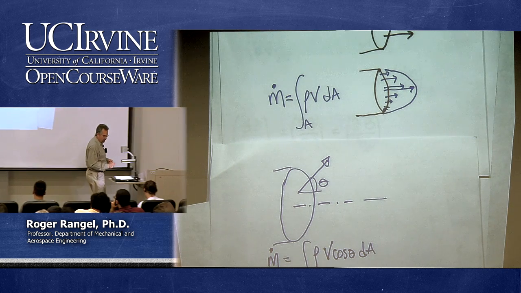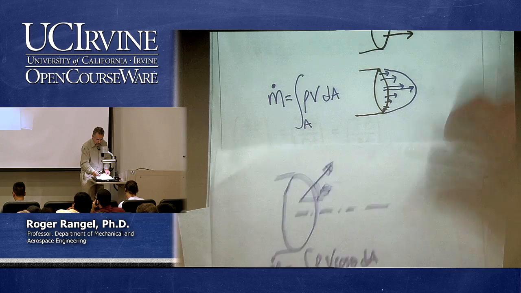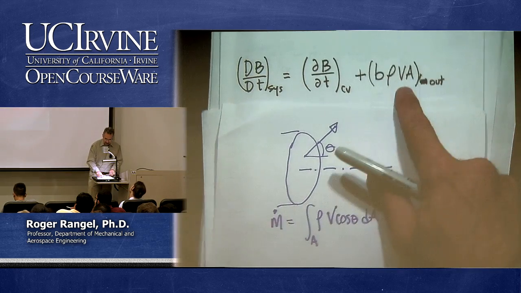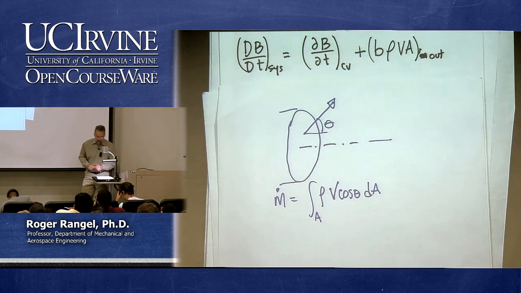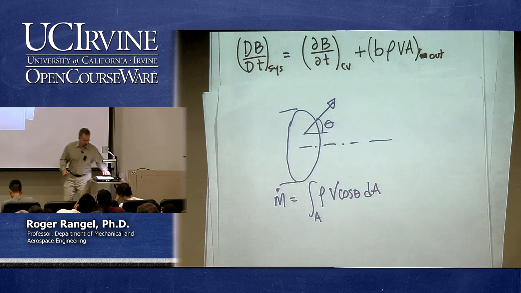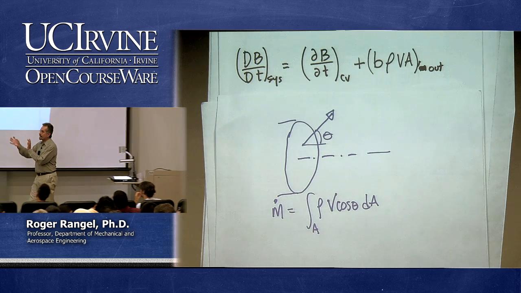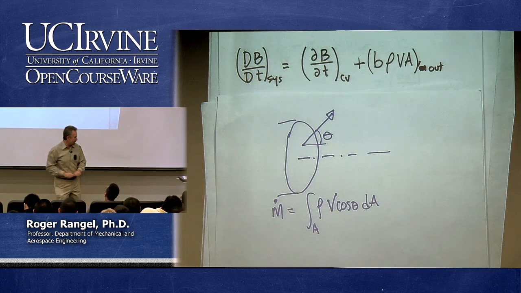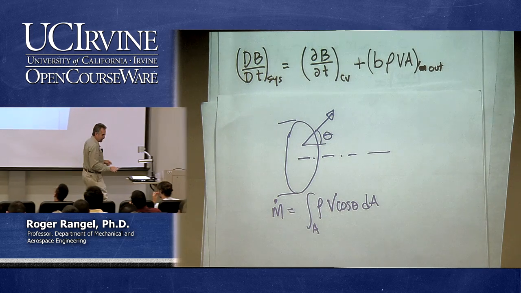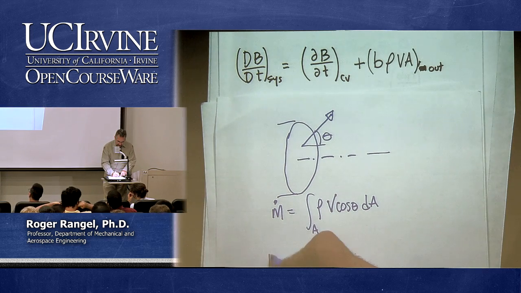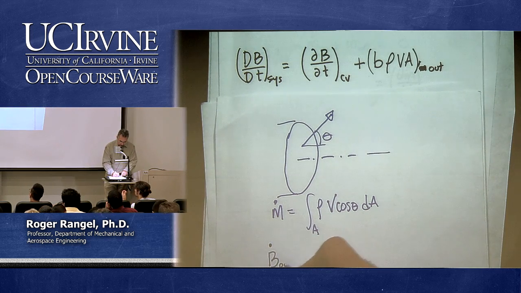So if you look at then, say for example, that term, which is now the mass flow rate, rho V A, times property B, and you want to do the same thing for this term. Remember, that term was the capital B dot out.